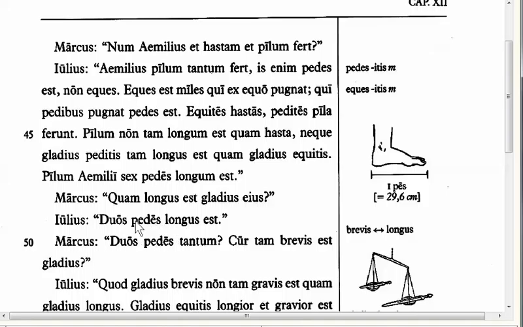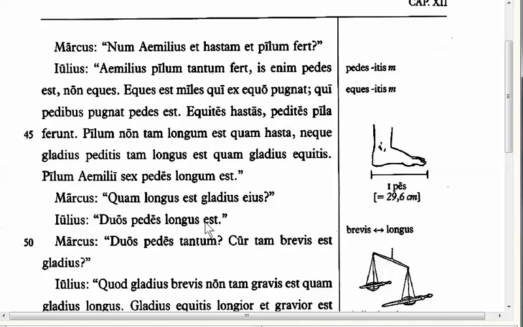And notice that we have duos pedes, the accusative plural for 2 feet. This was the way the Romans would describe extent, or the length of something, the height of something, or the extent of something in time, like for 2 years or so. So we have the accusative of extent or duration. It's 2 feet long.